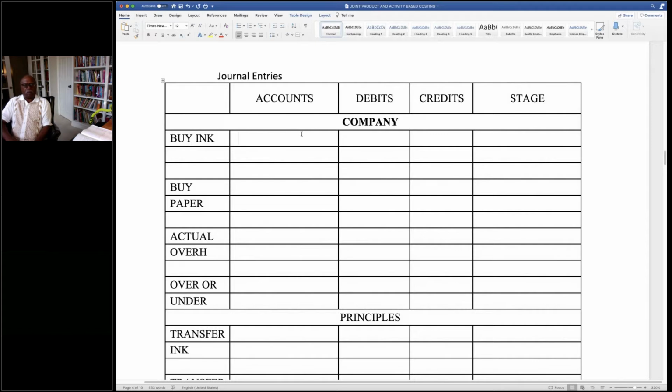So we're going to make a journal entry for the purchase of the ink. So we would credit raw materials ink and debit accounts payable of $2,200,000.